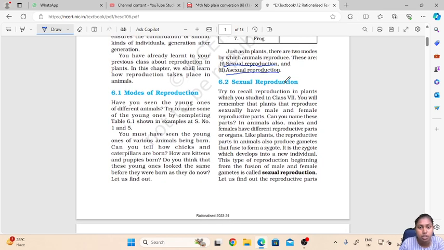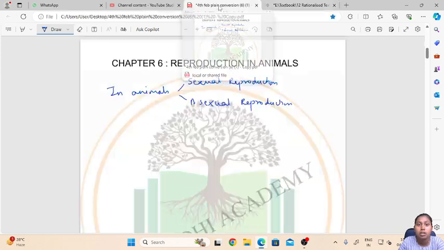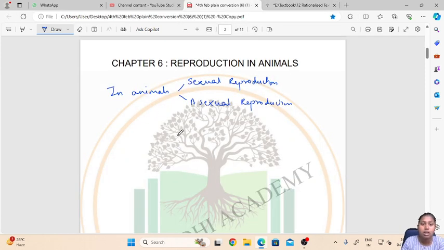Let's start with sexual reproduction. How does sexual reproduction occur in plants? For sexual reproduction we require two parts, that is male and female reproductive parts. What are the male and female reproductive parts in plants?